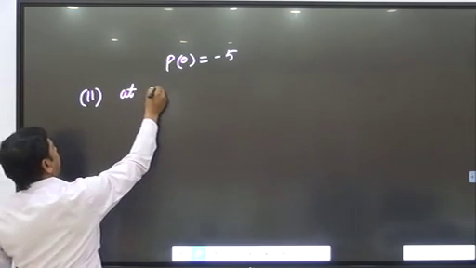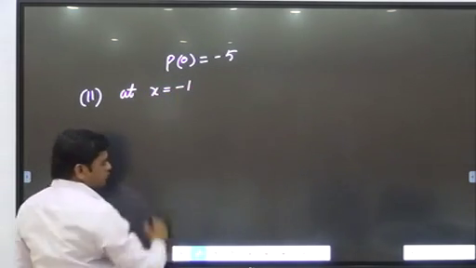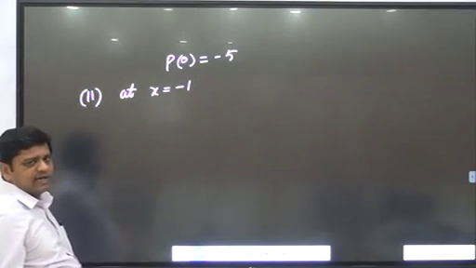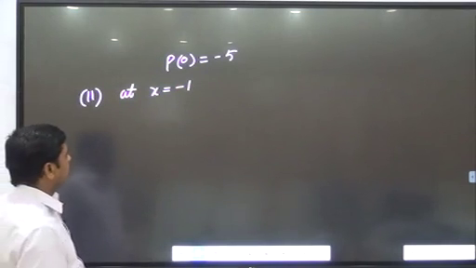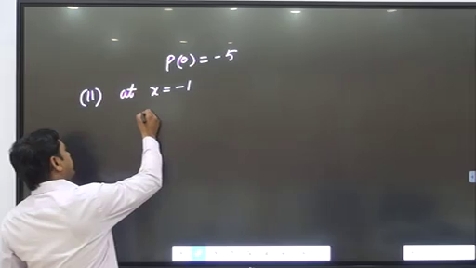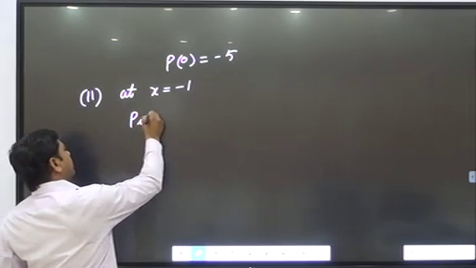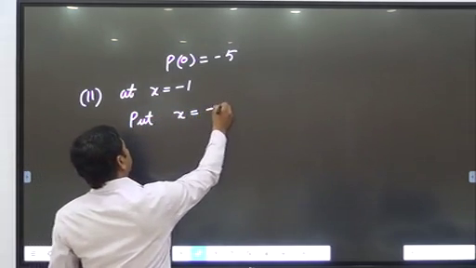Second part: at x equal to minus 1, minus 2, minus 3 and so on, we can solve and find the value of P(x). So put x equal to minus 1.